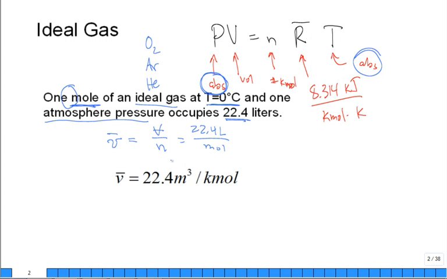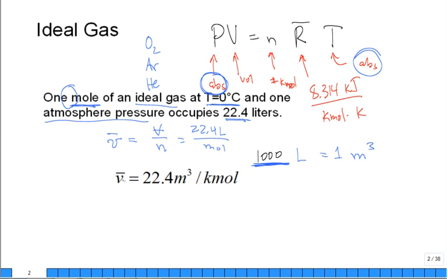Somebody says, how many liters are required to fill a space of 1 cubic meter? 1,000. 1,000 liters fills a space of 1 cubic meter.